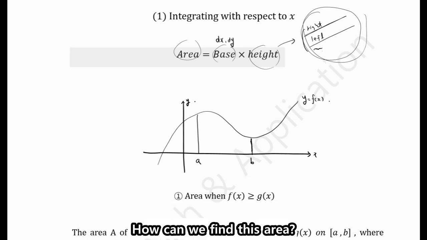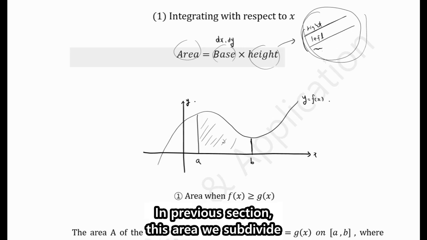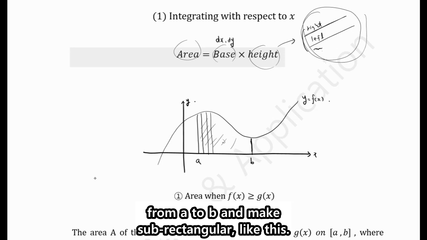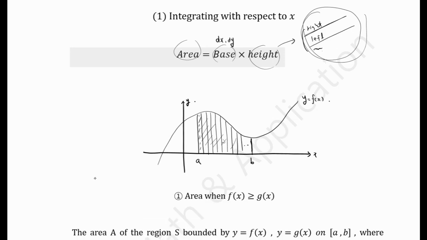How can you find this area? In the previous section, we subdivided from a to b and made subrectangles like this.